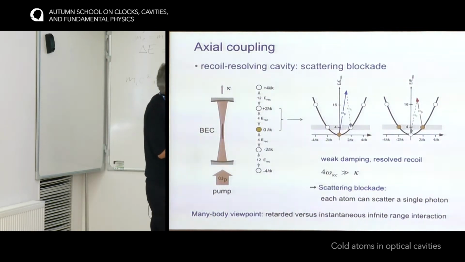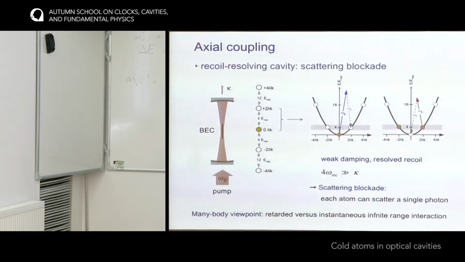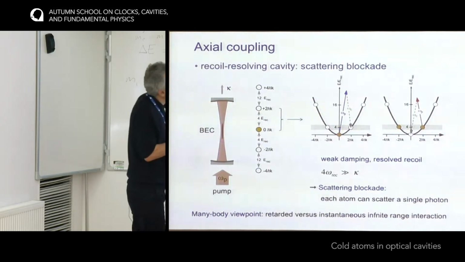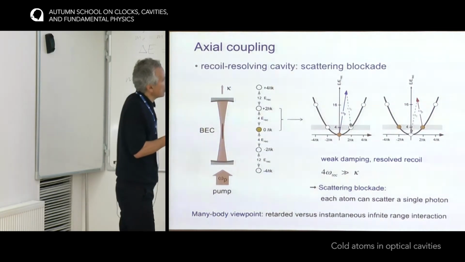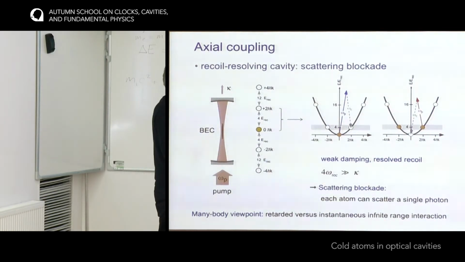This is shown here: if we shine in a photon blue detuned with respect to the cavity resonance, we can make a transition which applies 2 h bar k momentum going from here to here, and just as well from here to here. The energy that's transferred by this scattering process is 4 times the recoil energy.